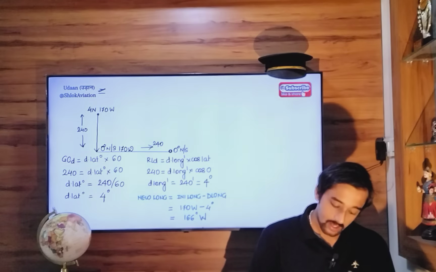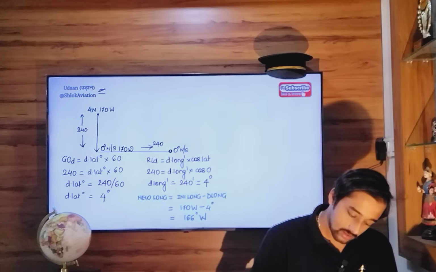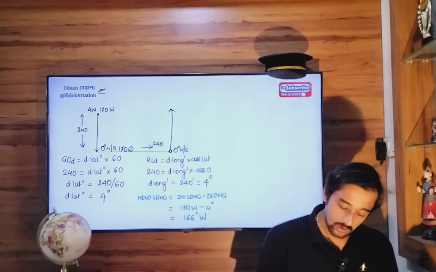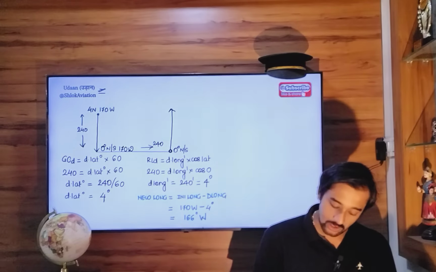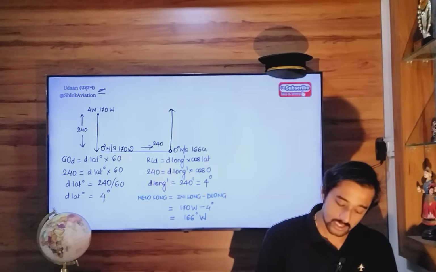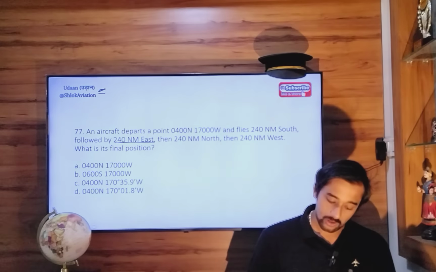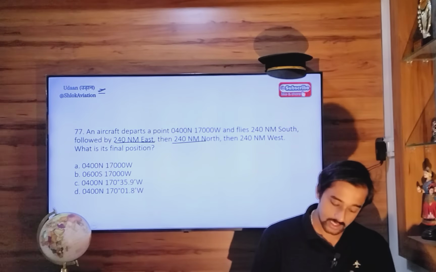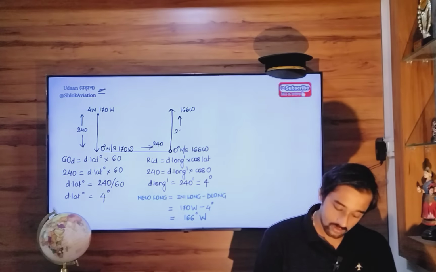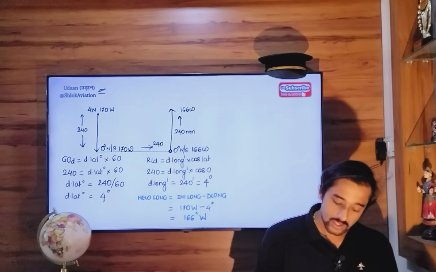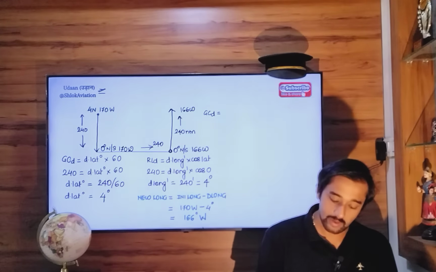Next, from this location you travel north. The new latitude we have to find out. The longitude is going to remain the same, 166 west. Now latitude. You have traveled north for a distance of 240 miles. Great circle distance again will be d lat into 60.